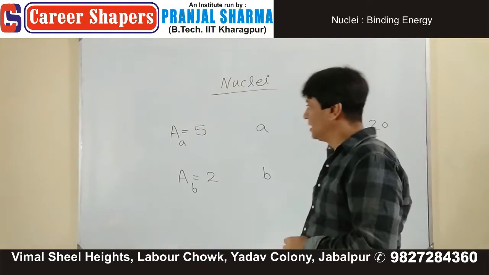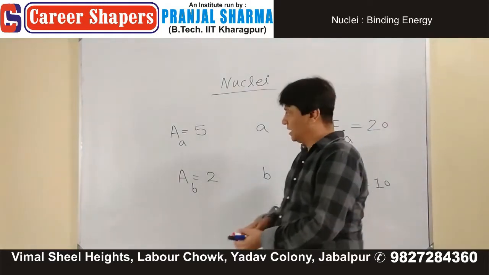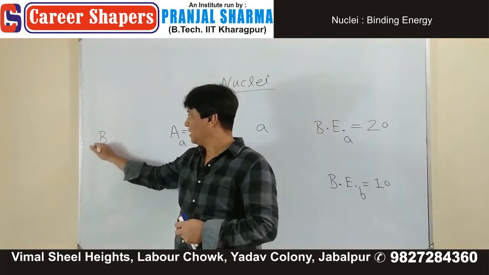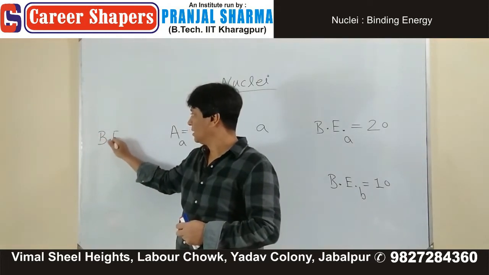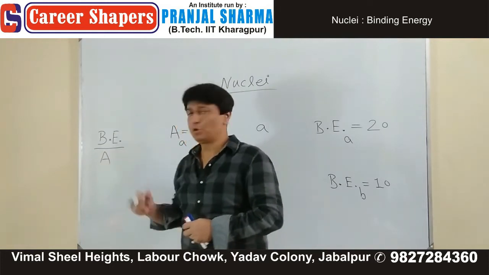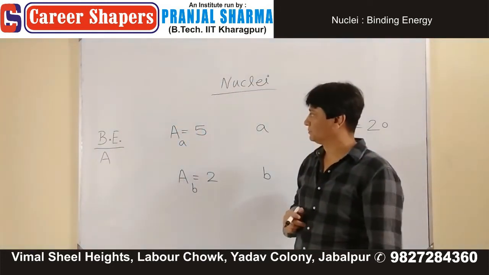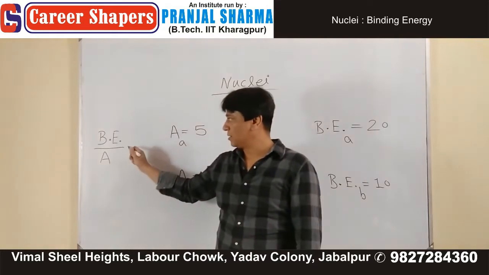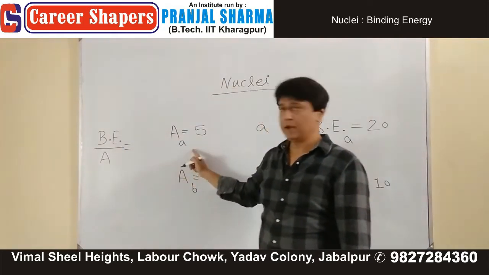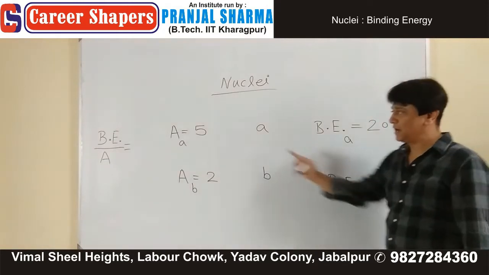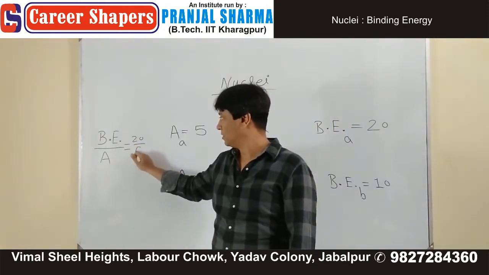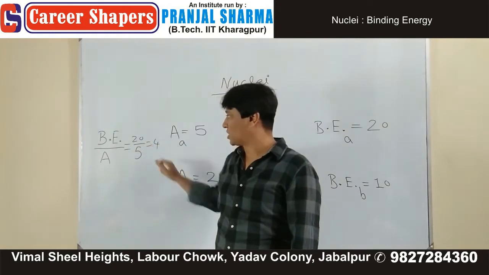But let's introduce binding energy per nucleon, total number of nucleons. So binding energy per nucleon for A is 20 divided by 5, which is coming 4.